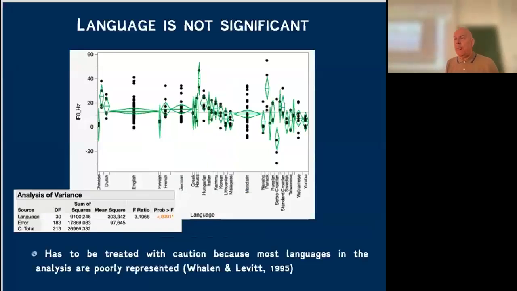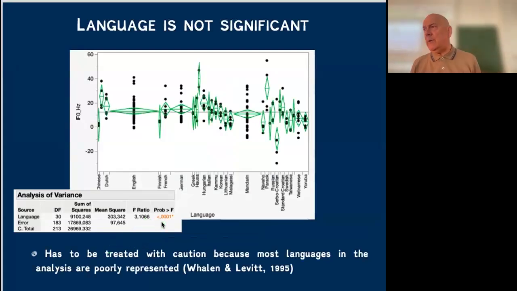They also looked at differences between languages. Language in their analysis does not come out significant. I just did a very quick check here where it in fact does come out significant.